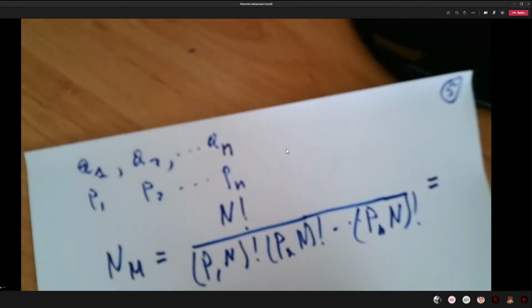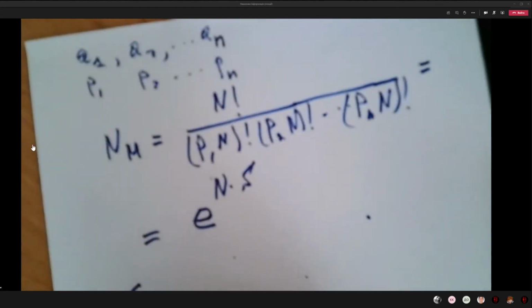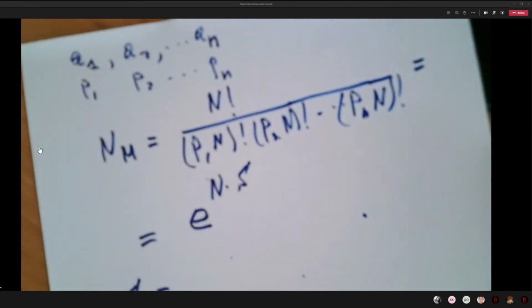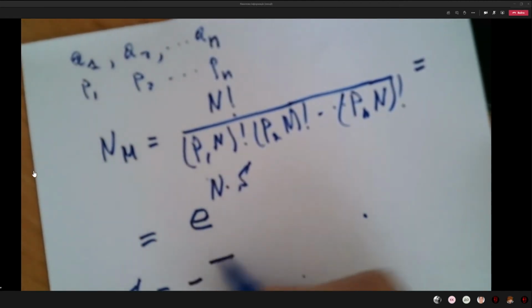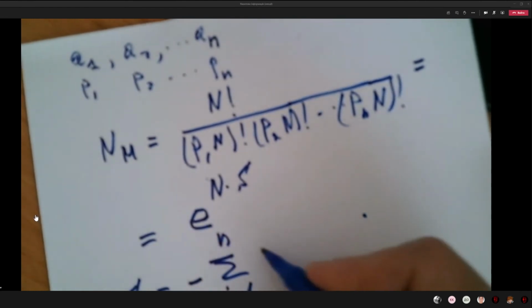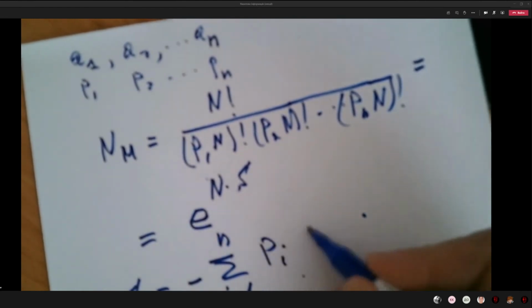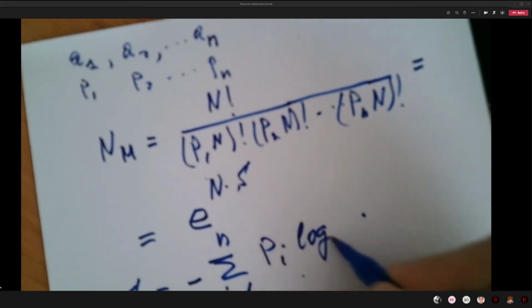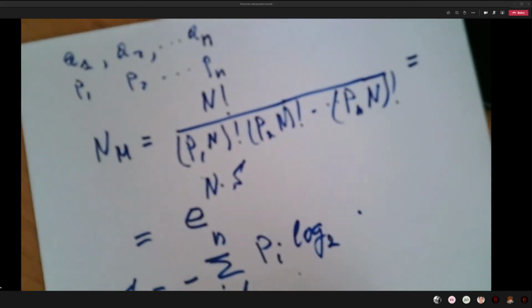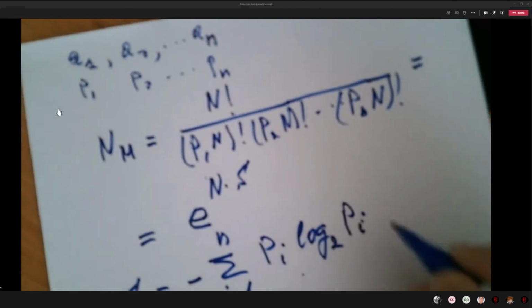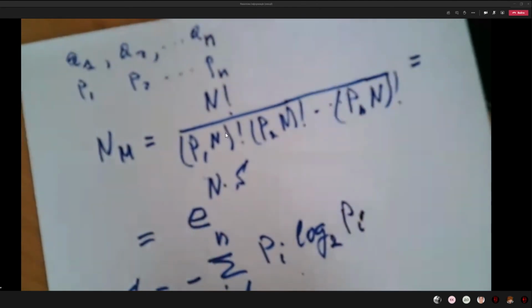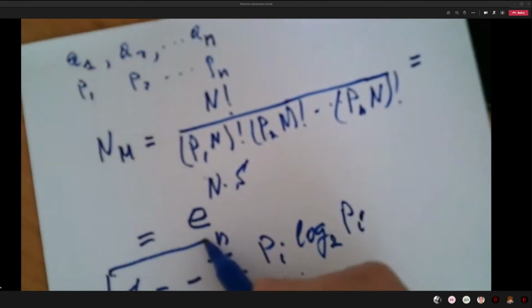So here we get absolutely the same result, 2 to the power n multiplied by s, but here s is minus the sum over a from 1 to n of p_i log in basis 2 of p_i. It is Shannon entropy in this general case.